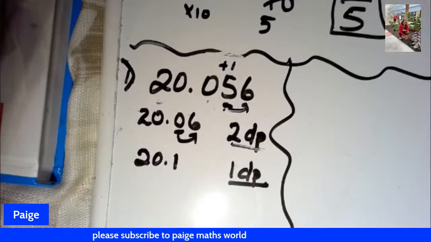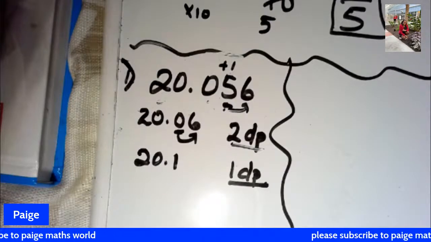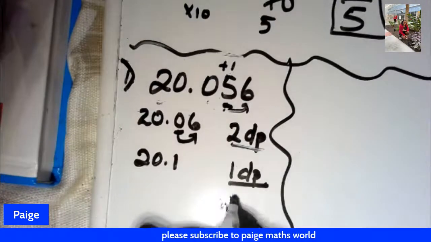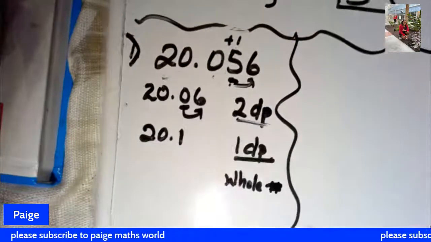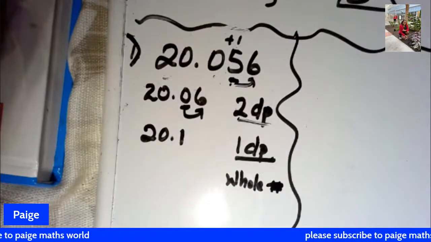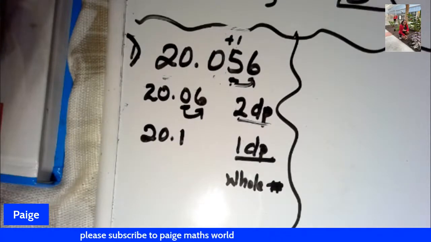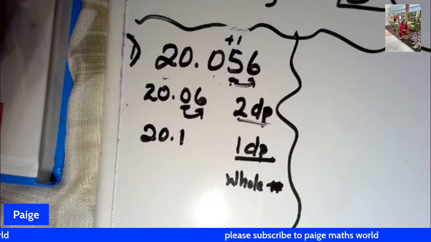Oh, got you, got you. All right, so we're going to round this off now to the nearest whole number. 20.1 to the nearest whole number. All right, one person has responded. Raymond, Empress, yes.